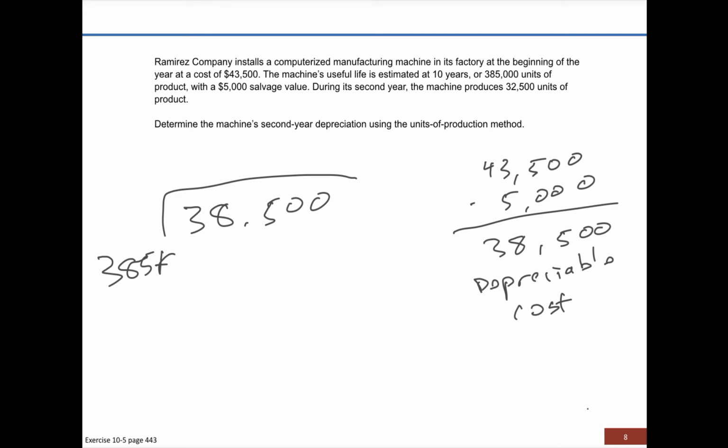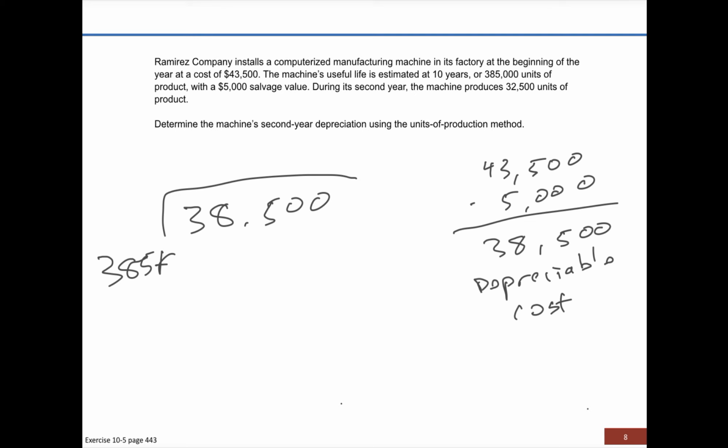Someone with a calculator do that for me. Either a penny or a tenth of a penny or a hundredth of a penny. I don't really feel like messing with the decimal. No, I'm sorry, that's just good. That's me running out of space there. That's just divide 38,500 divided by 385,000 is what? 0.1. So 1 cent.